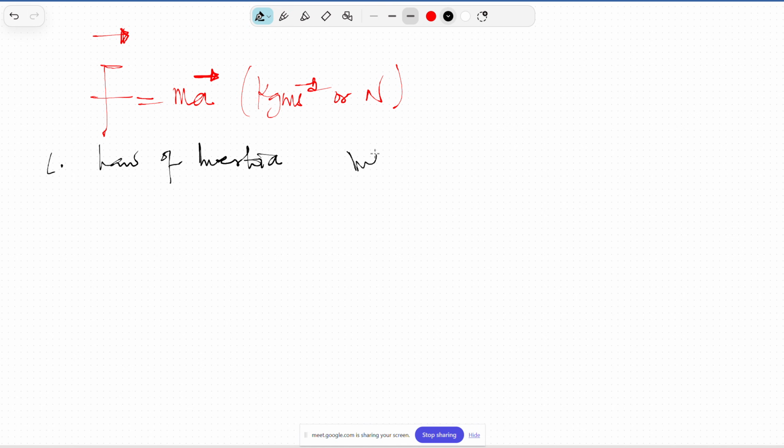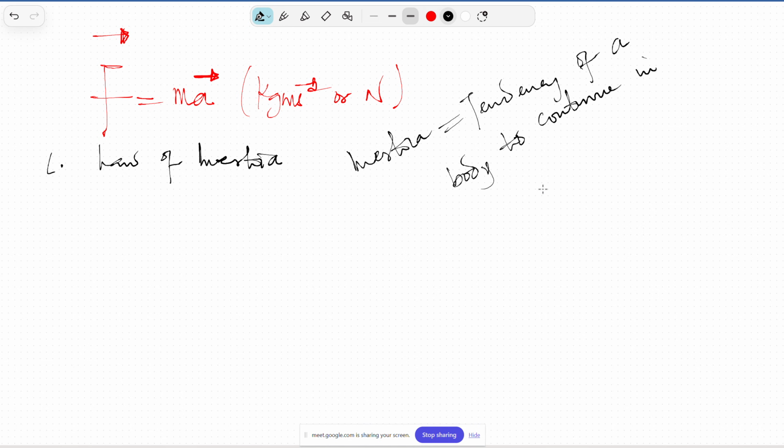Inertia equals the tendency of a body to continue in a state of rest or uniform motion.